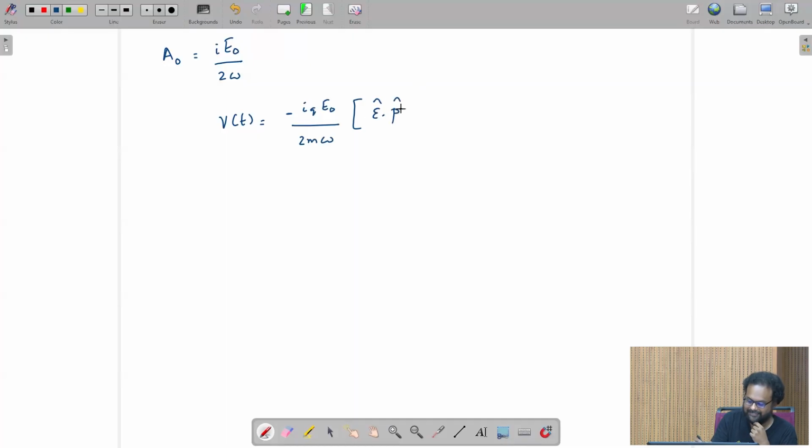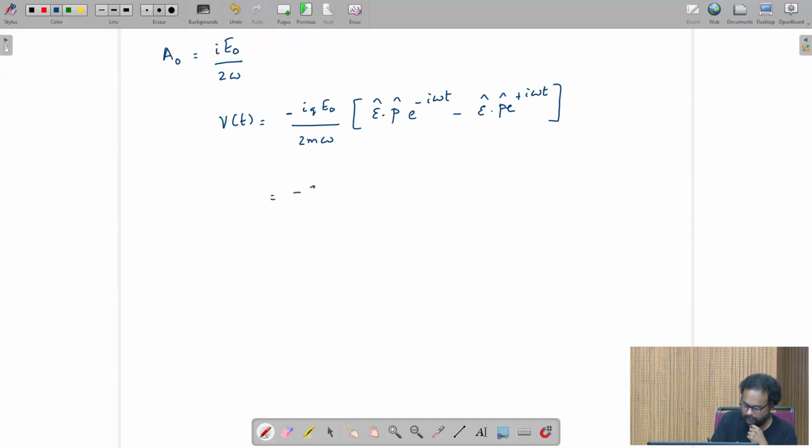Remember, this is a unit vector of the vector potential. This is an operator, the momentum operator, e to the power minus i omega t minus, dot p, e to the power plus i omega t.